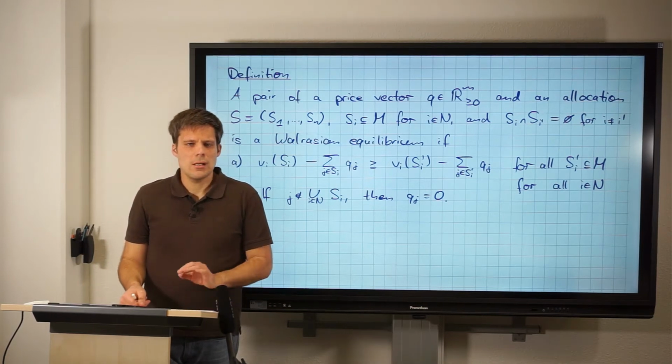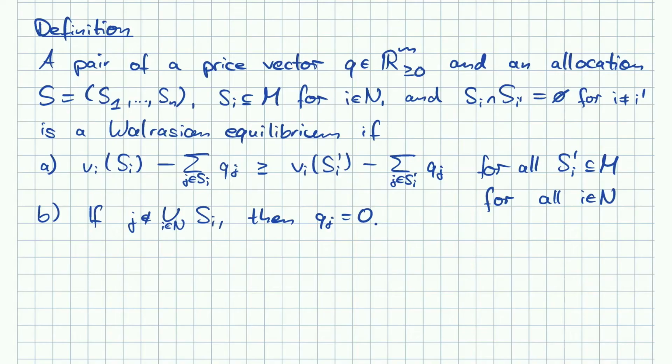Let's see a very simple example of such a Walrasian equilibrium. Namely, let's first talk about only a single item. Let's assume that the value of player 1 for this item is bigger than the value of player 2 for this item, and so on.